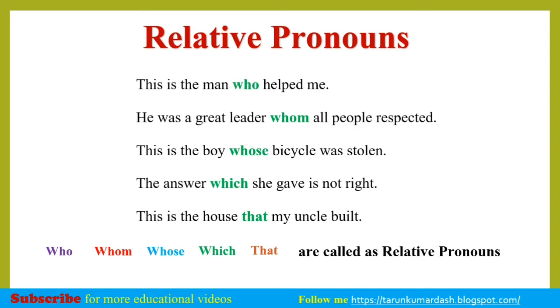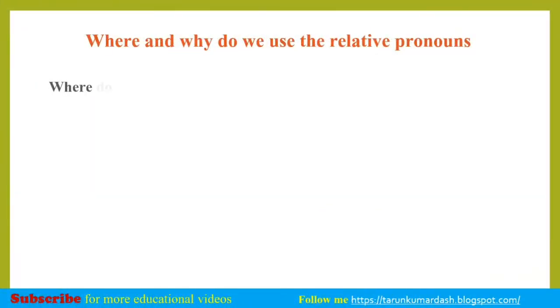So, my next topic, who. Before going to that, our question arises here: where and why do we use the relative pronouns? First question, where do we use them actually? We use the relative pronouns after a noun. Let's take an example to clarify the doubt.